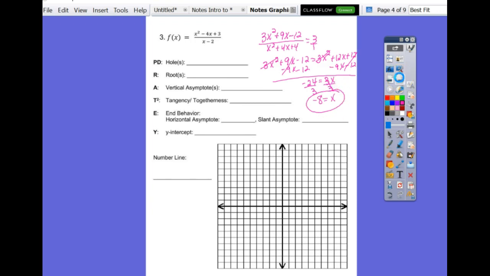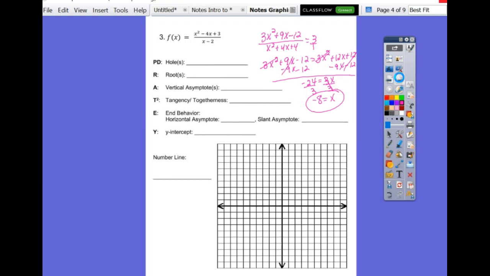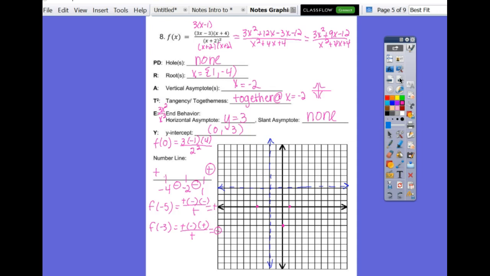So let's find x equals -8 on the horizontal asymptote. On the horizontal asymptote, here's x equals -8.